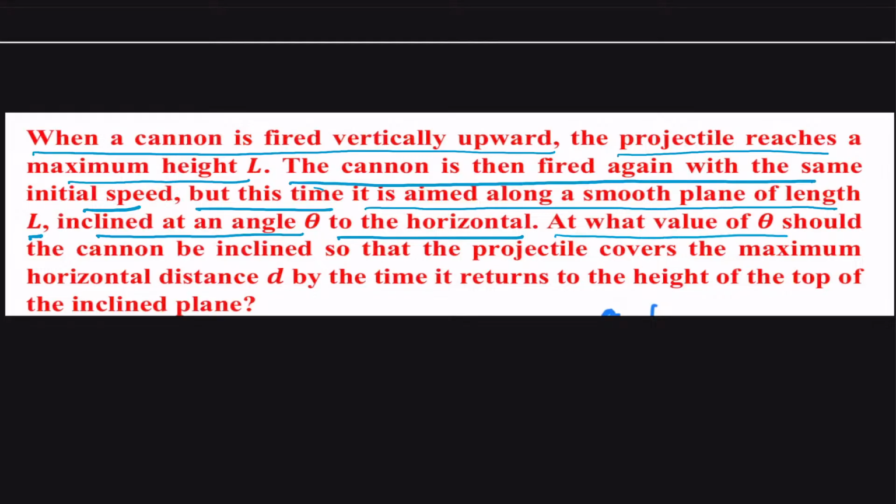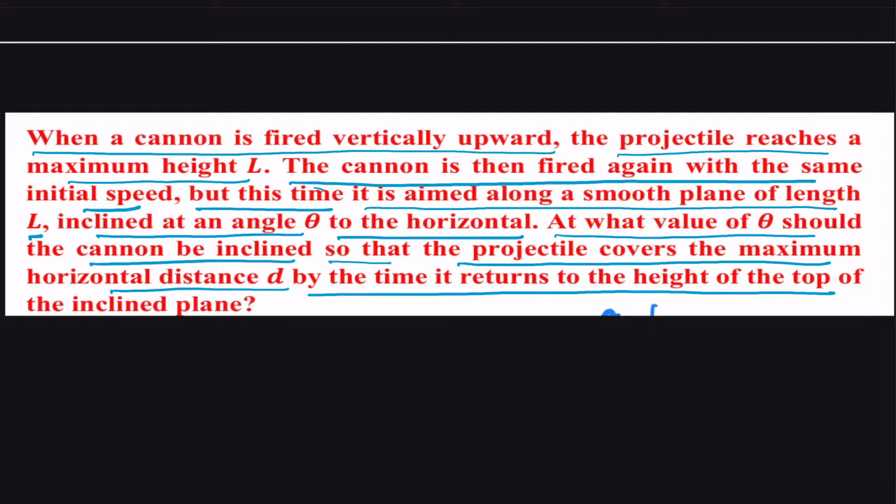At what value of theta should the cannon be inclined so that the projectile covers the maximum horizontal distance d by the time it returns to the height of the top of the inclined plane?